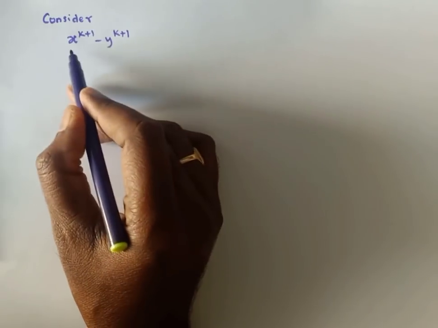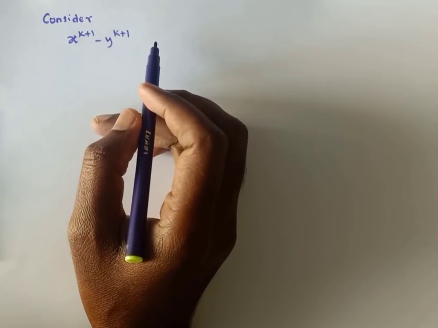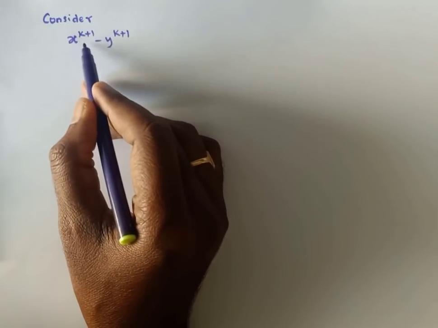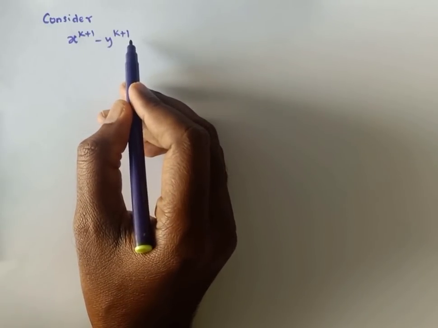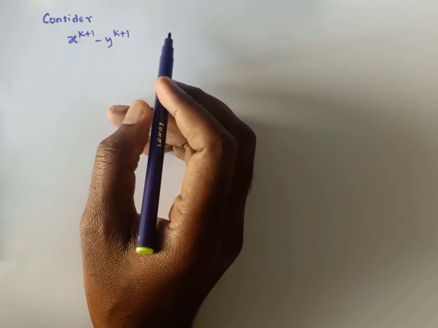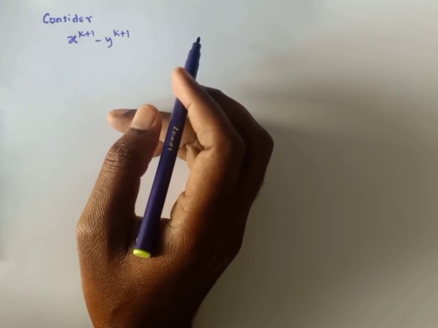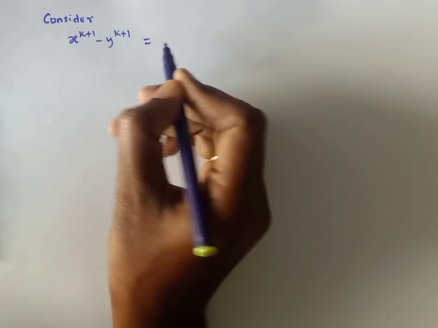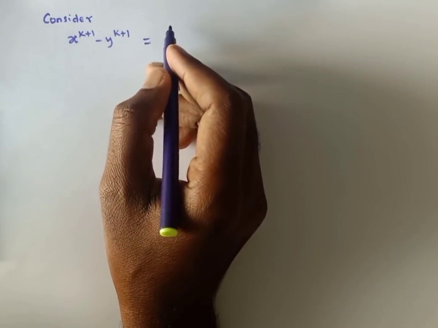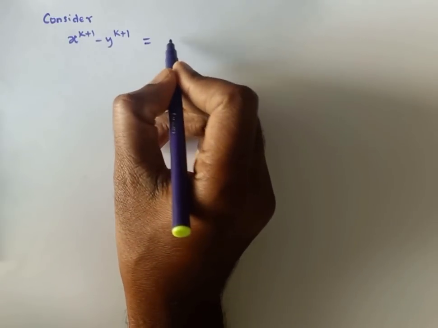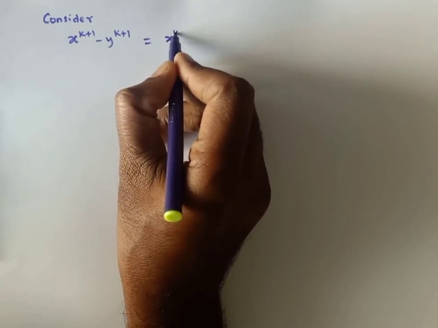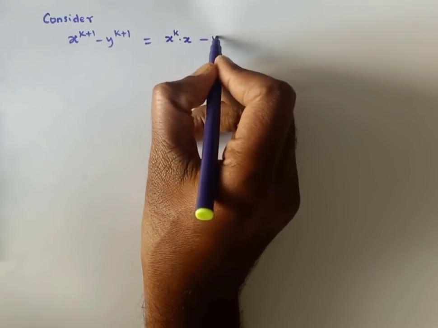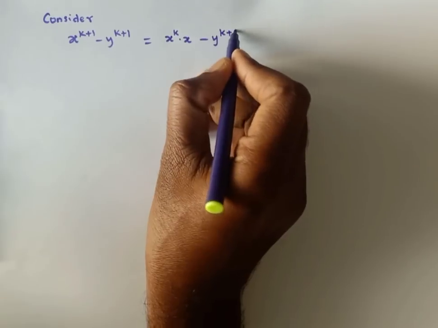In order to show this quantity is divisible by x minus y, we can express x power k plus 1 minus y to the power of k plus 1 as some constant into x minus y. Now here I am writing x to the power of k plus 1 as x power k into x, minus y to the power of k plus 1.